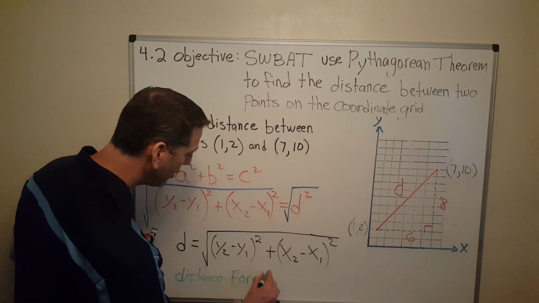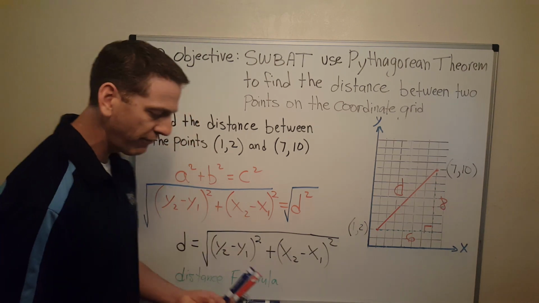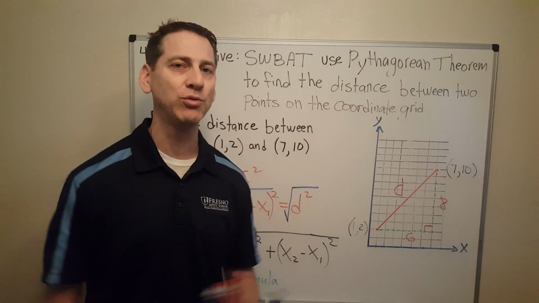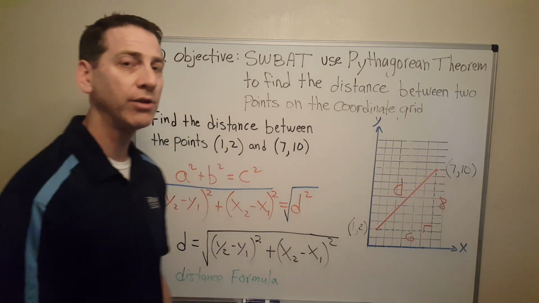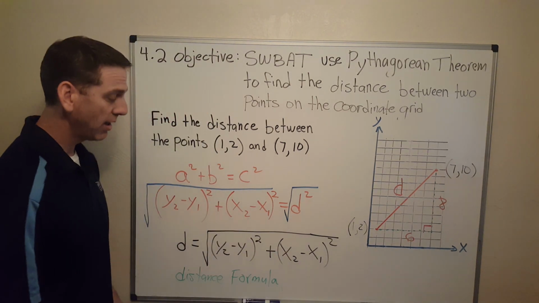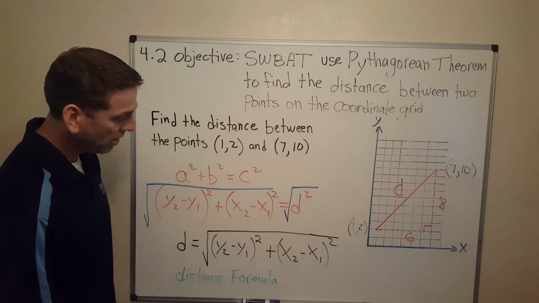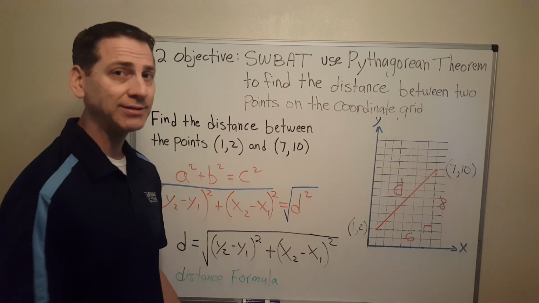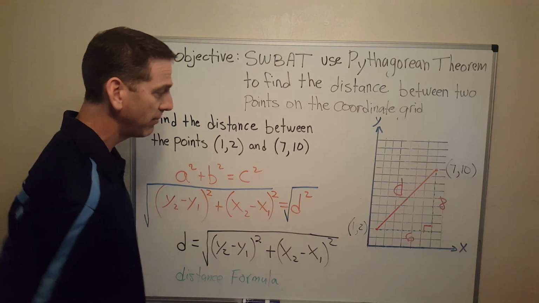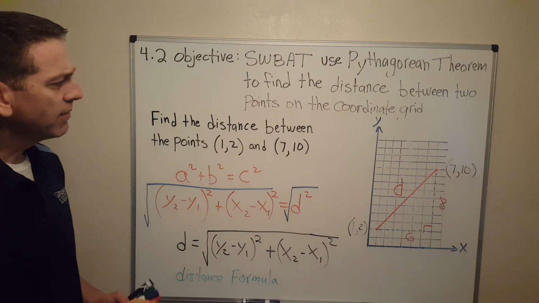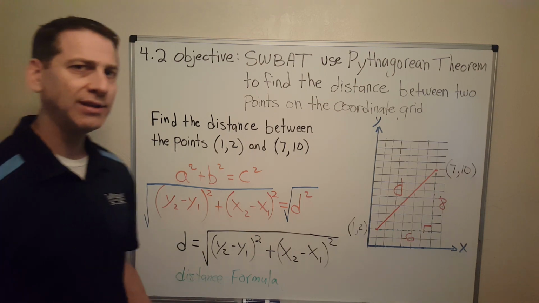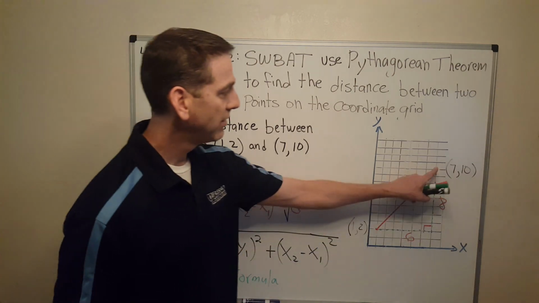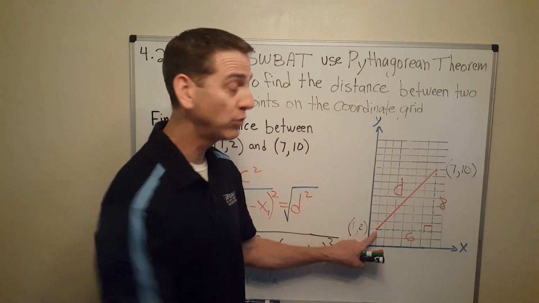Using this formula, I can find the distance between any 2 points on the coordinate grid. All right, and what it really is is just using the idea of the Pythagorean theorem.